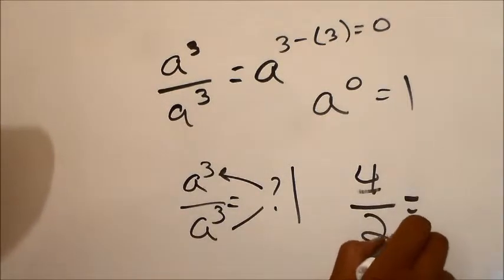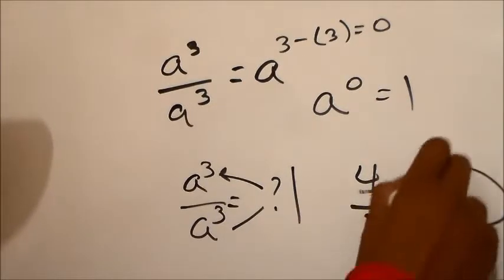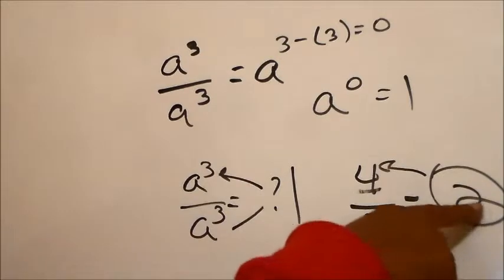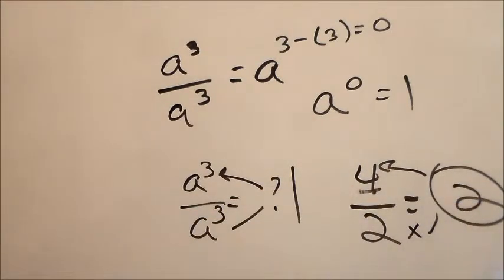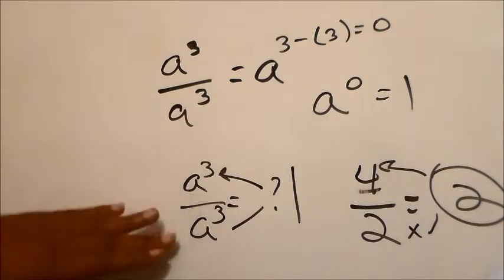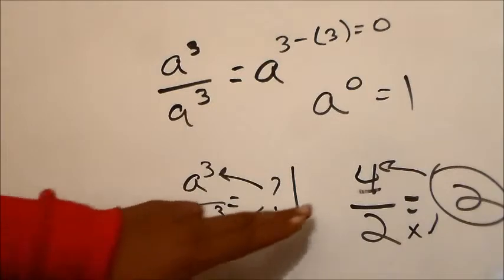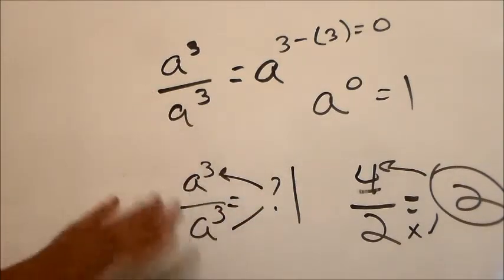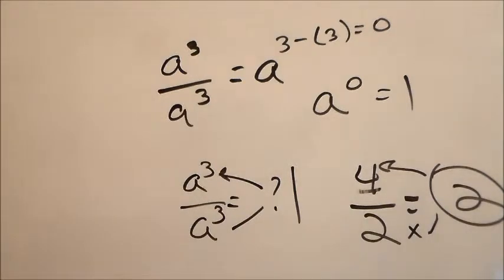And how I look at it is 2 times this number is equal to that number. So 2 times 2 equals 4. And that's why I call a fraction form like a division or multiplication problem. So what times a cubed is going to give us a cubed? 1. Okay, so I just wanted to pound that in a little bit harder.